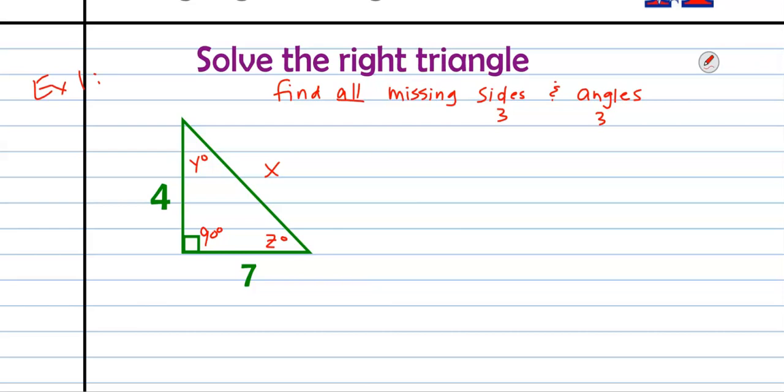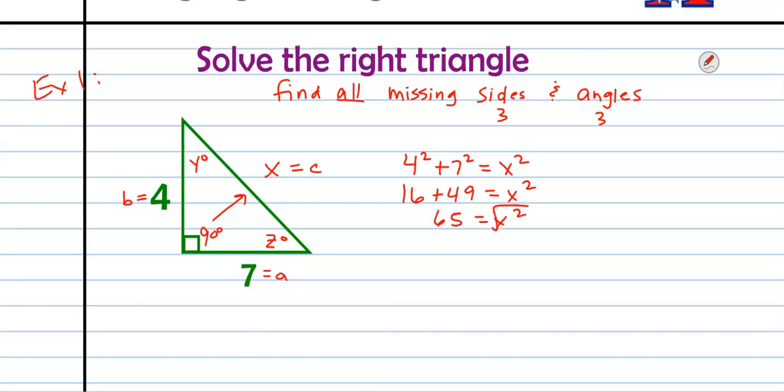So yeah, like I said, I think our first instinct is to probably find x, and we're going to do that using the Pythagorean theorem. We have 2 sides, so we can find the third side doing that. So I'm going to do 4 squared plus 7 squared equals x squared. 16 plus 49 equals x squared. 65 equals x squared.